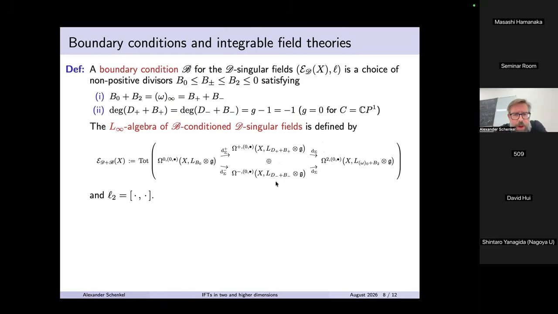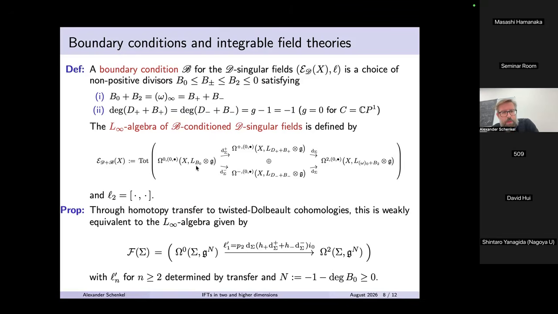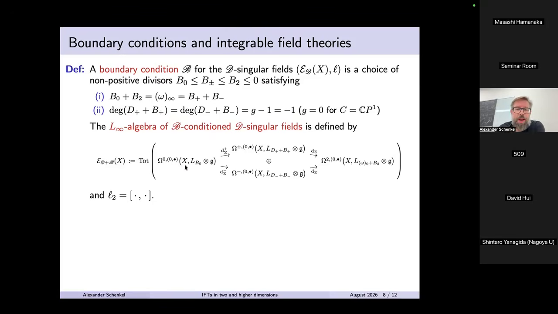Okay, now, so what happens now? Here I wanted to say something. Now here, we can try to see what these conditions actually are supposed to do. Okay, so this condition here is just making sure that these Dolbeault differentials are well defined.